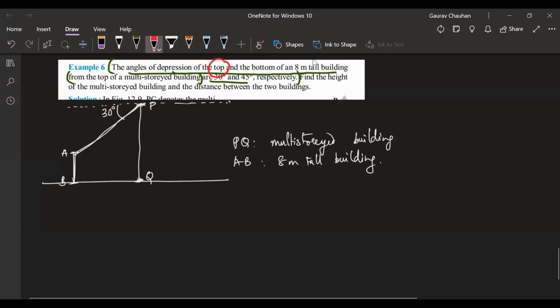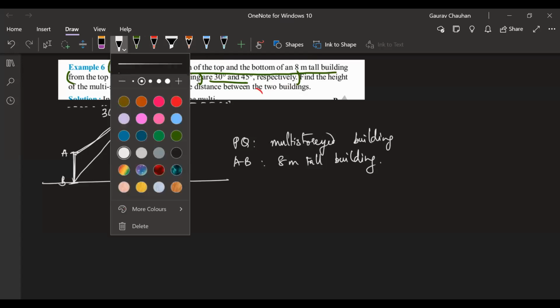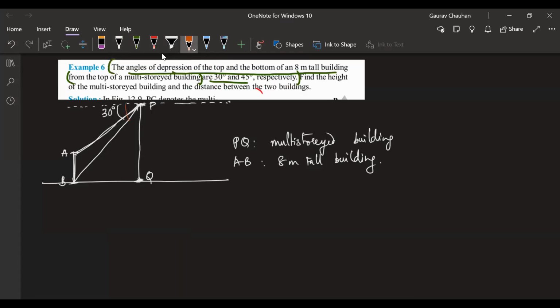Top is first, no? It's saying respectively, which means what is written first is for the first thing. So the angle of depression for the first one is 30 degrees. And the angle of depression for the second thing, which is the bottom of the 8-meter tall building, is 45 degrees. I'm going to draw this now. This is my second line of sight. I'm looking at the bottom here. When I look at the bottom, this full angle, from the horizontal to the line of sight.